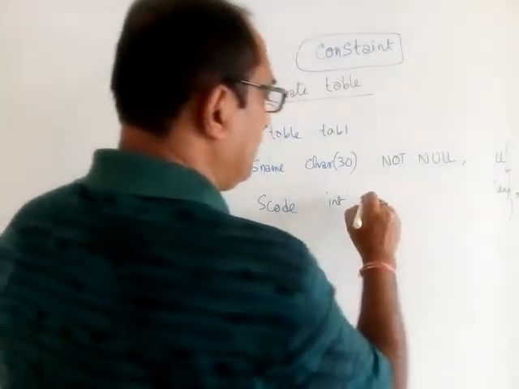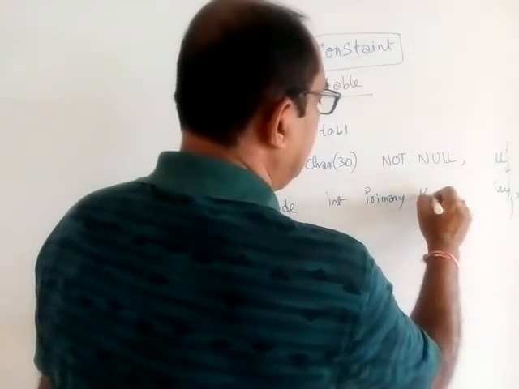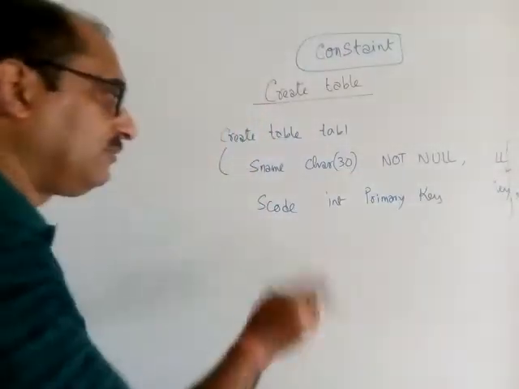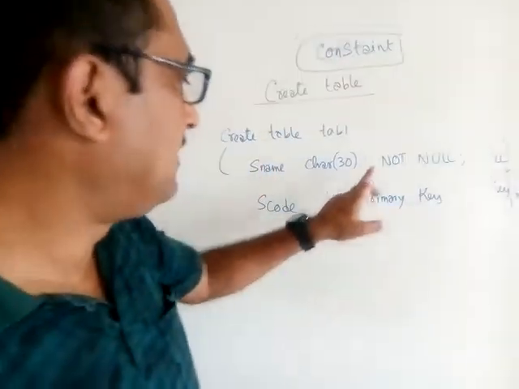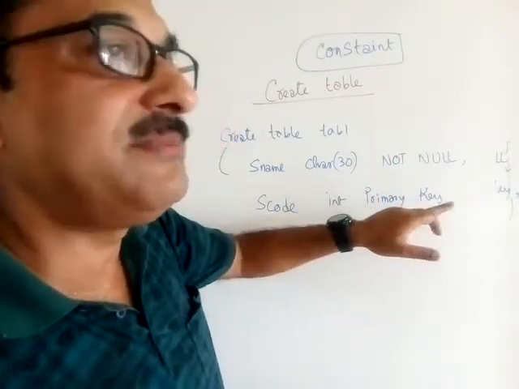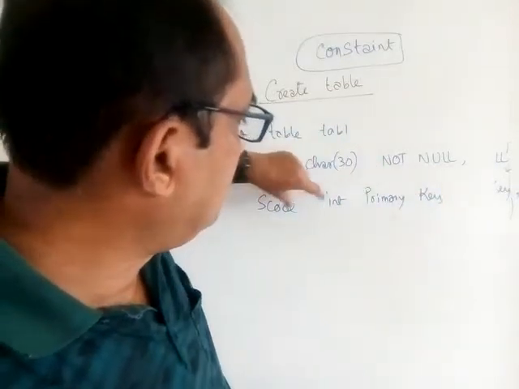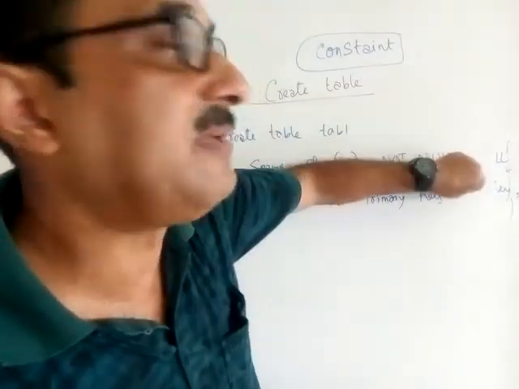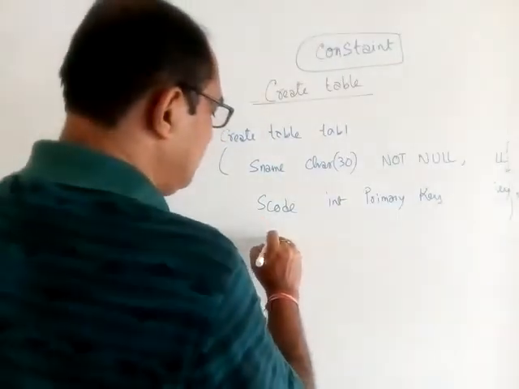Okay, and I want this to be a primary key also, so I wrote primary key. Fine. In fact, you can write not null and primary key together also. It is good practice because anyway it will not allow you to give a field blank, because primary key means it has to carry a unique value. Fine. So some people write S code int not null primary key. That is also possible. And then say I wrote percentage.